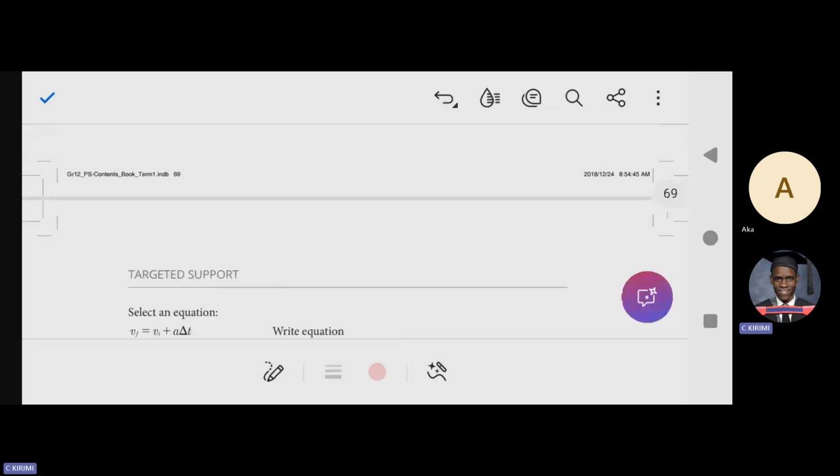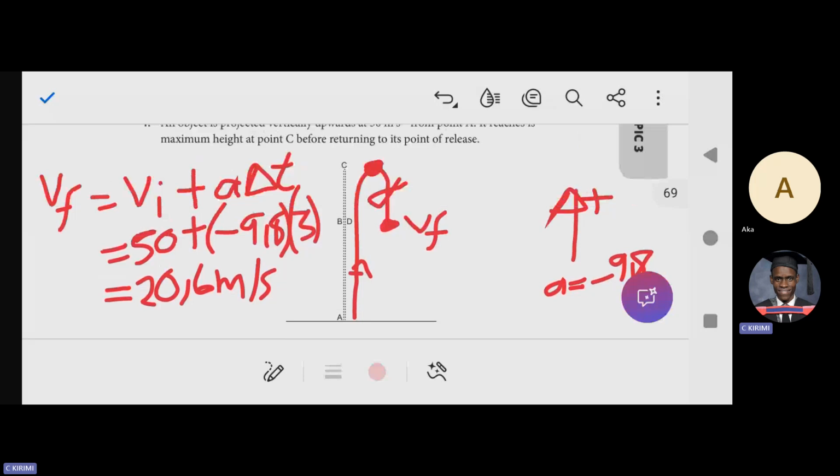And this velocity which they are referring to is here. Can you see B? When you are going, it was still going upwards. D is when it was returning back, so for D it's now going downwards, on the other path.